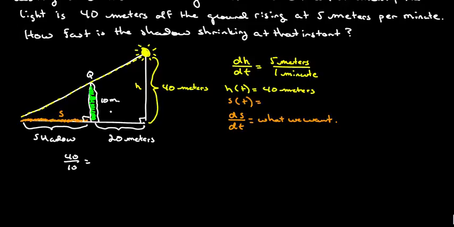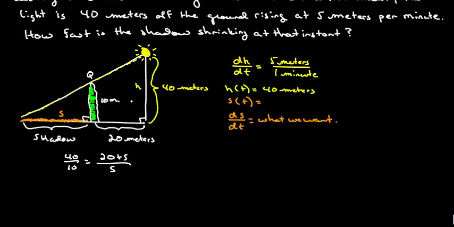This length over this length has to be equal to this full length, 20 plus the shadow, over just the shadow, like that. So we can go ahead and do some rearranging if we want to. Okay. But what we've got here is our 40 over our 10 equals the 20 plus S over S, because we don't know the length of the shadow.